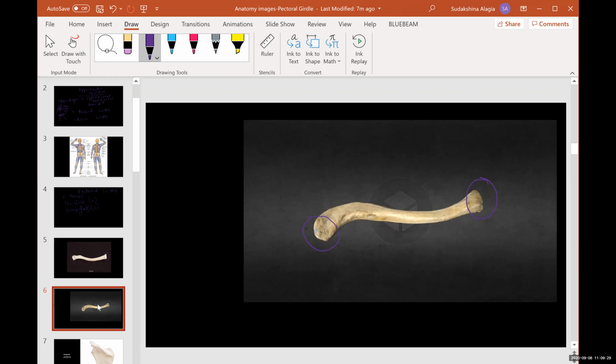Obtuse end and flatter end. The obtuse or round end is the sternal end. The flatter end is the acromial end. Why do we call it the acromial end? Because the part it articulates with is called the acromion process. So the clavicle is pretty simple.